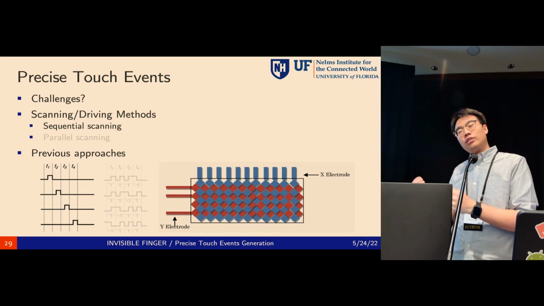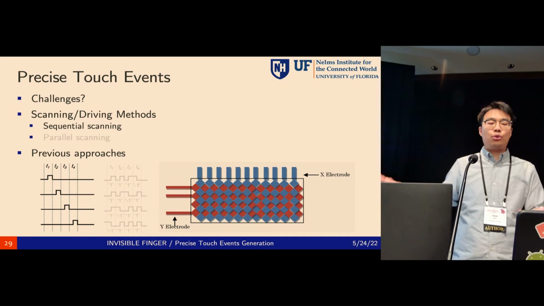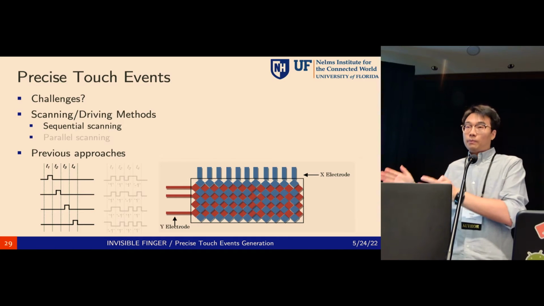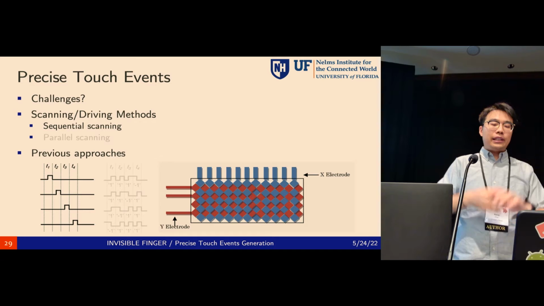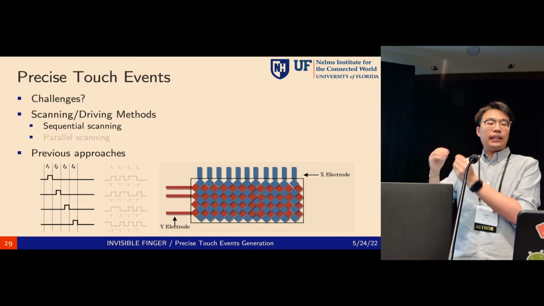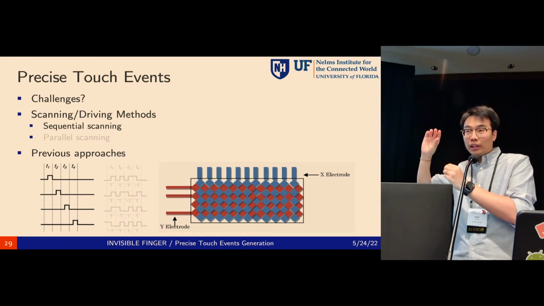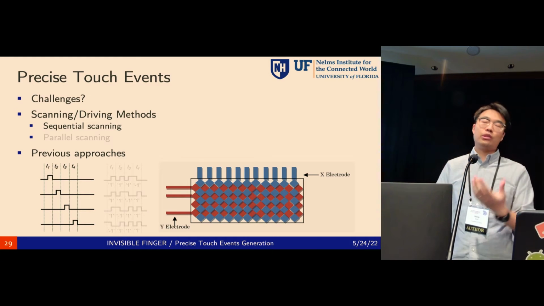In general, there are 2 types of methods to perform scanning or driving on the electrode grid. One of them is sequential, and one of them is parallel. The sequential scanning mechanism will excite the X or Y electrodes one by one, and then sense each line on the Y or X electrodes respectively.